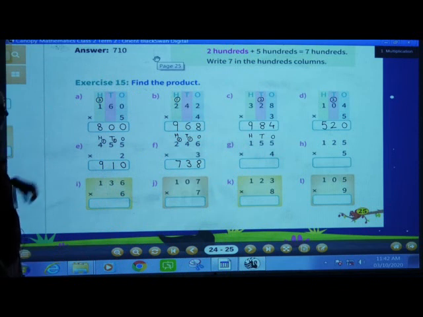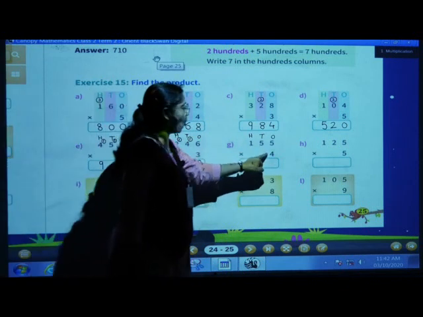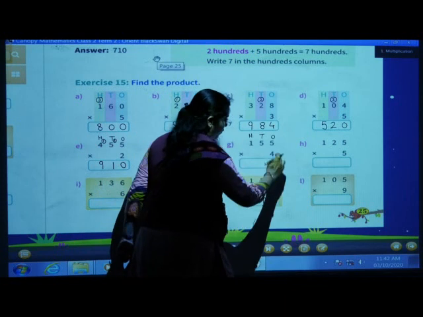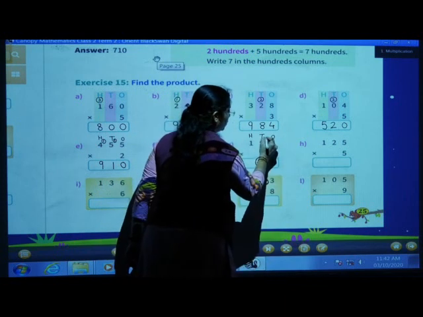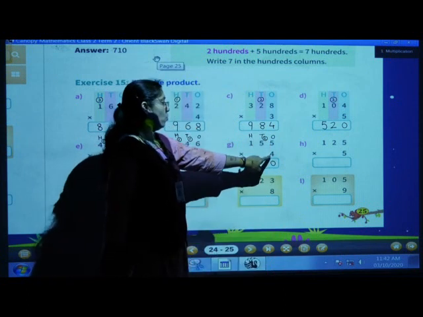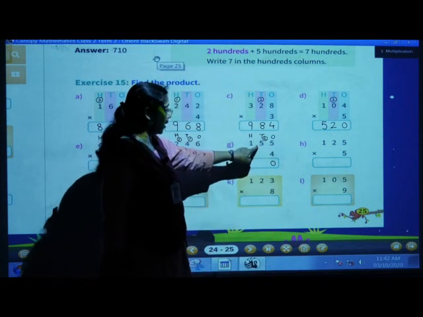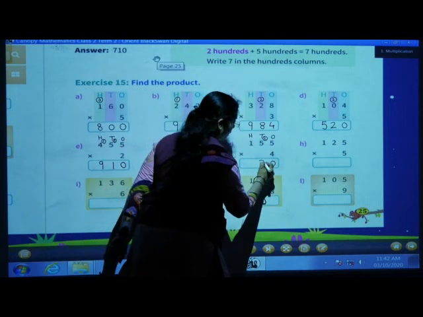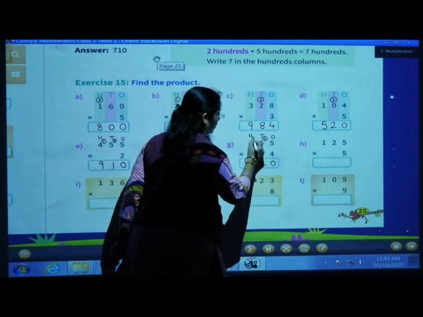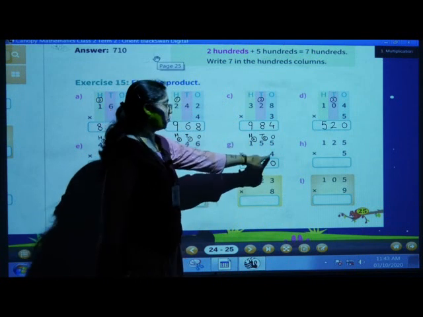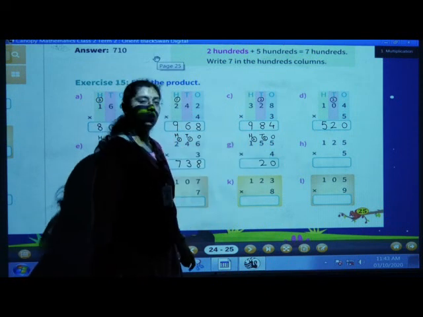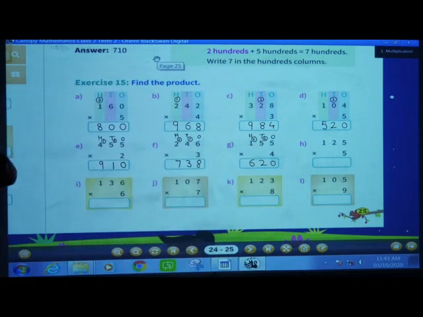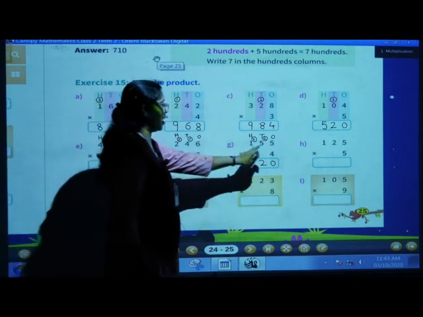So 155 multiplied by 4, 4 5s are 20. 0 we have to write in ones column, 2 carried over. 4 5s are again 20, 20 plus we have to add this 2, 21, 22 means 2 we have to write in tens column, and again 2 as a carry. 4 ones are 4, 4 plus 2, 6. 620 is the product of 155 and 4.